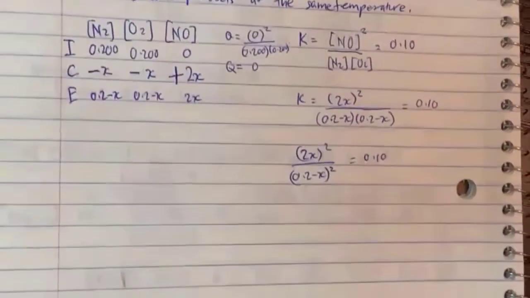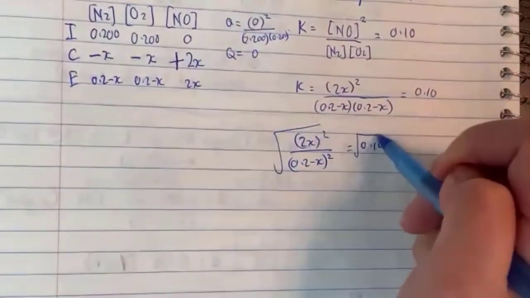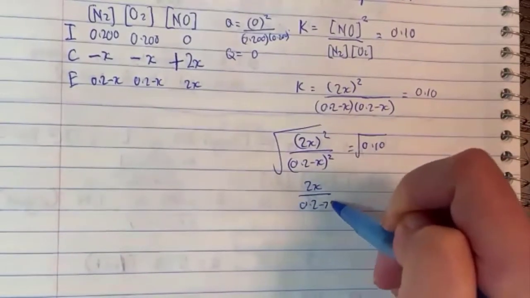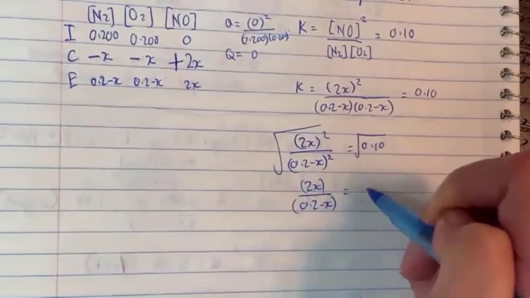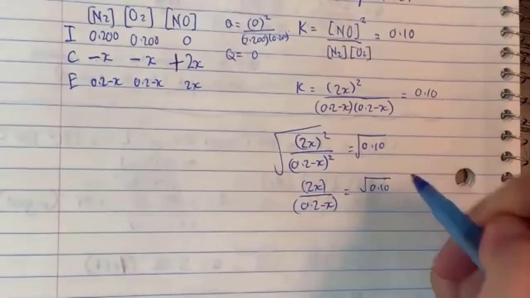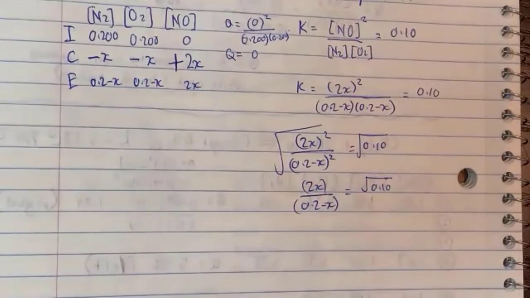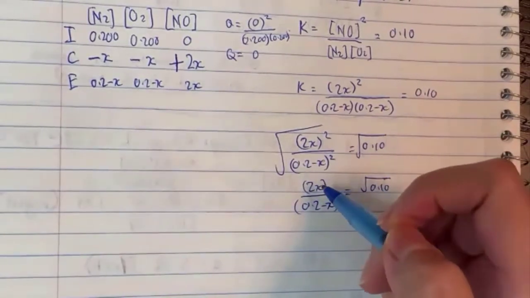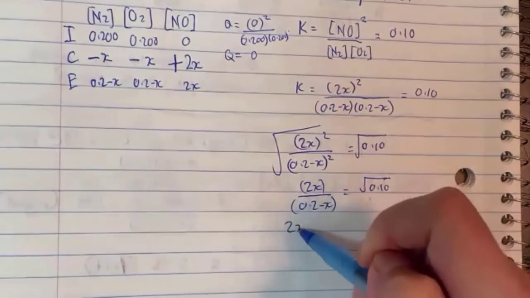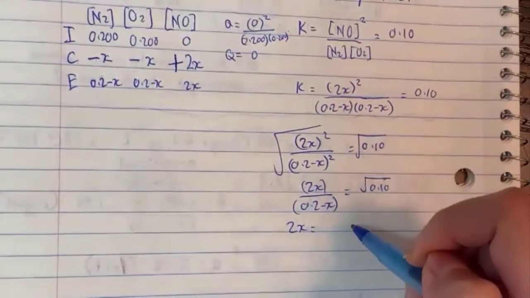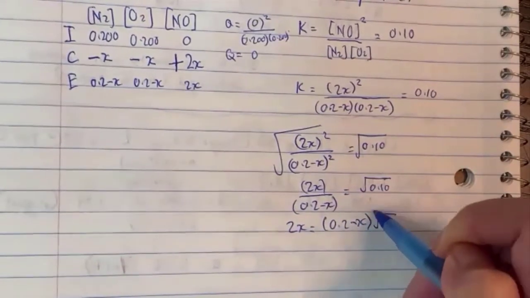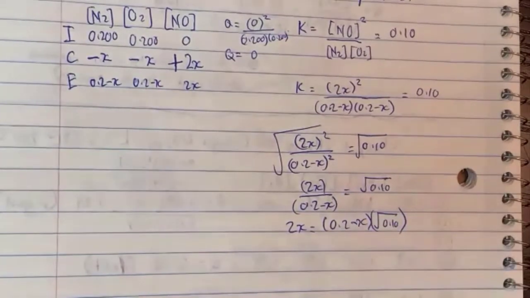If I take the square root of both sides, I get 2x over 0.2 minus x equals the square root of 0.1. Now we still want to solve for x, so I'm going to multiply both sides by 0.2 minus x. This one becomes 2x here, and it's 0.2 minus x times the square root of 0.1.